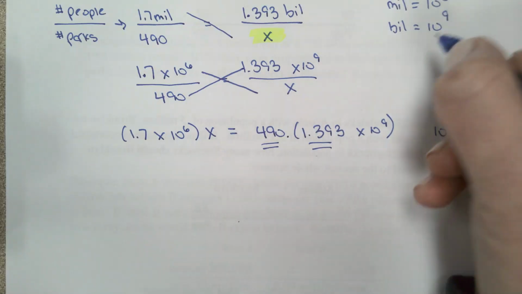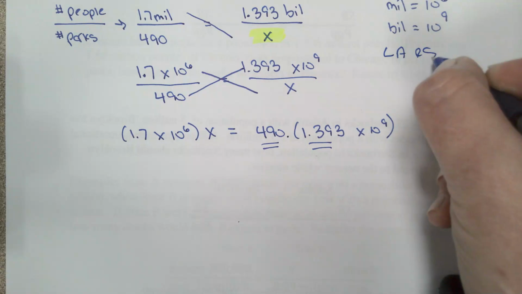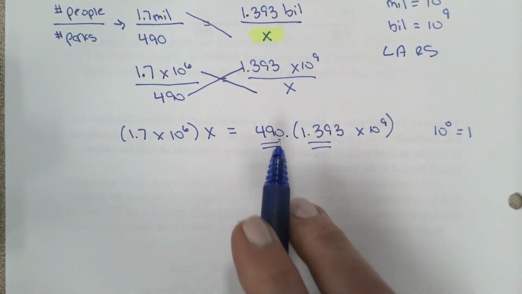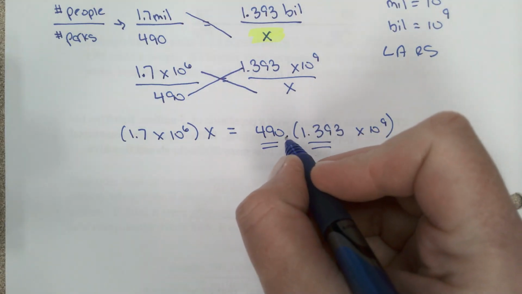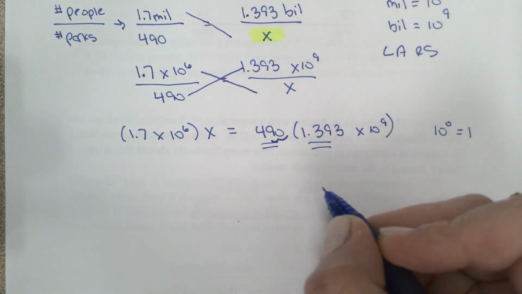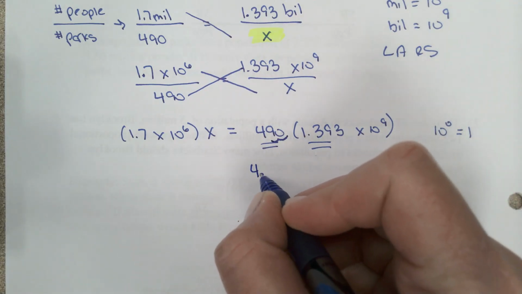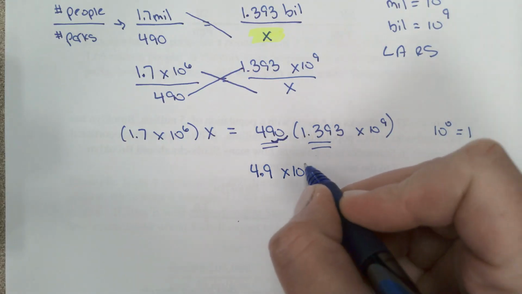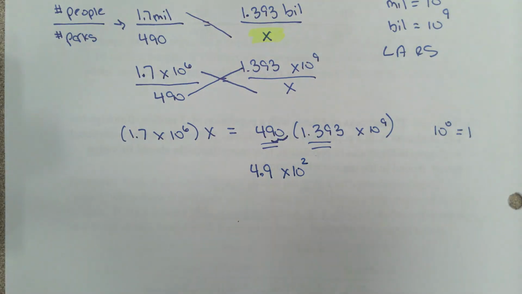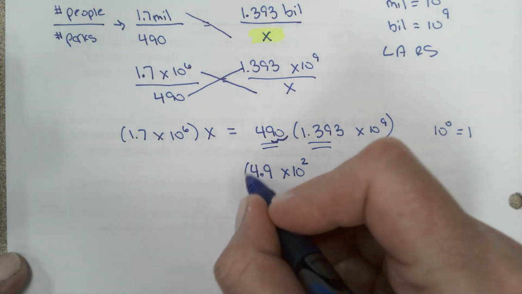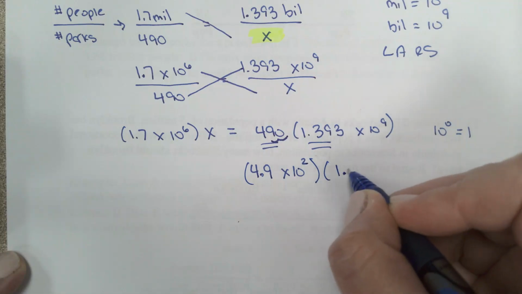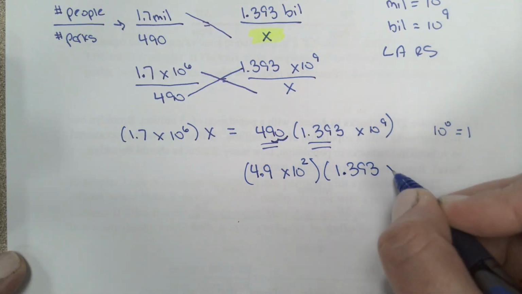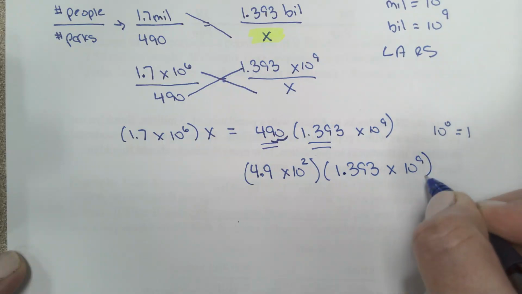So, Lars, left add, right subtract. So this would be the same thing as 4.9 times 10 to the 2nd power. And then I have 1.393 times 10 to the 9th.